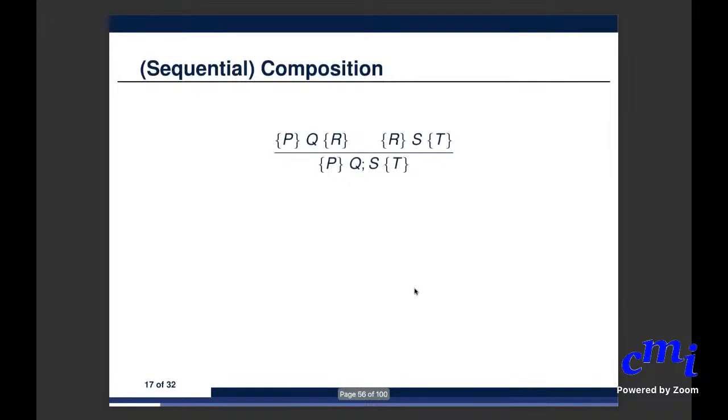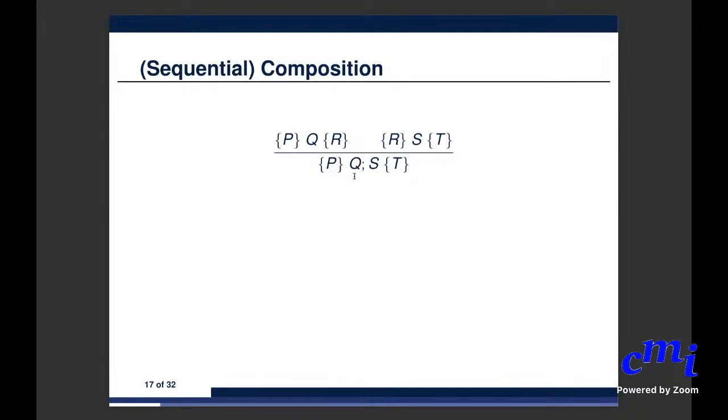The rest of the rules of Hoare logic tell you how to construct the Hoare triples for larger programs from smaller programs. So they are for the program constructors.